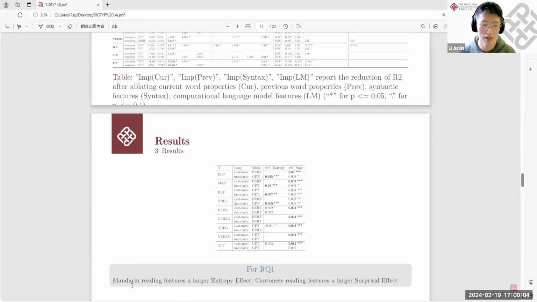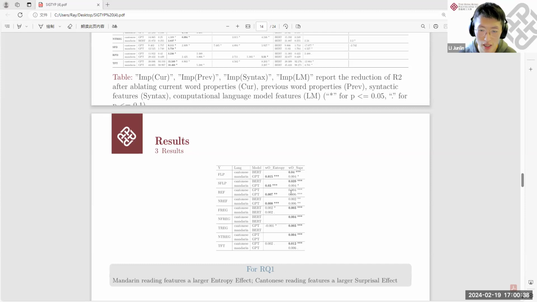The first is that Mandarin reading features a larger entropy effect. We can check from standardized first landing position, and we found that Mandarin has a significant entropy effect, exhibited in the observation that if we do not include entropy, there will be a significant reduction of model performance.